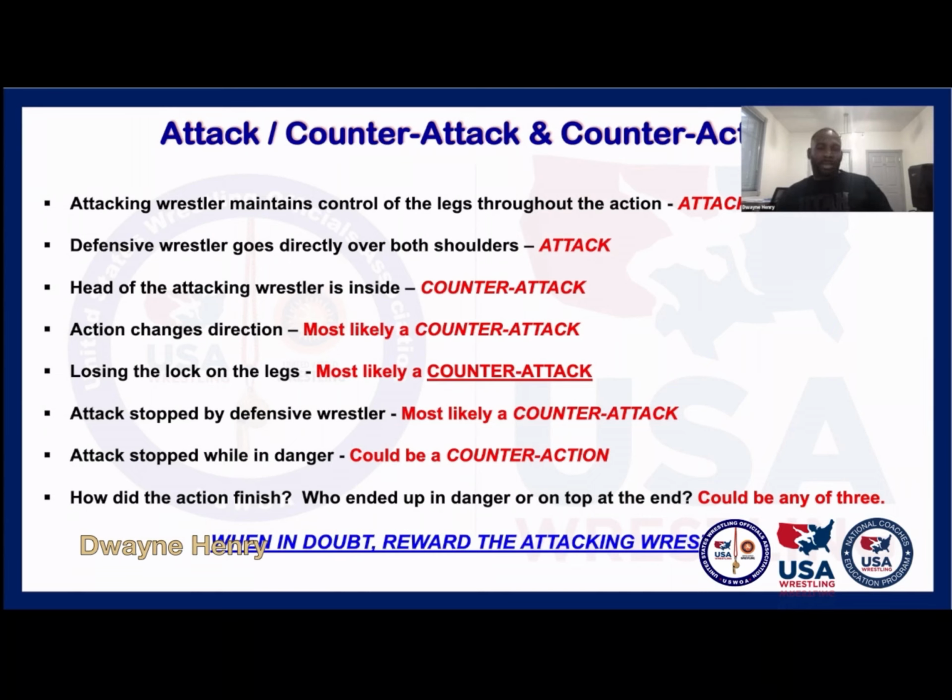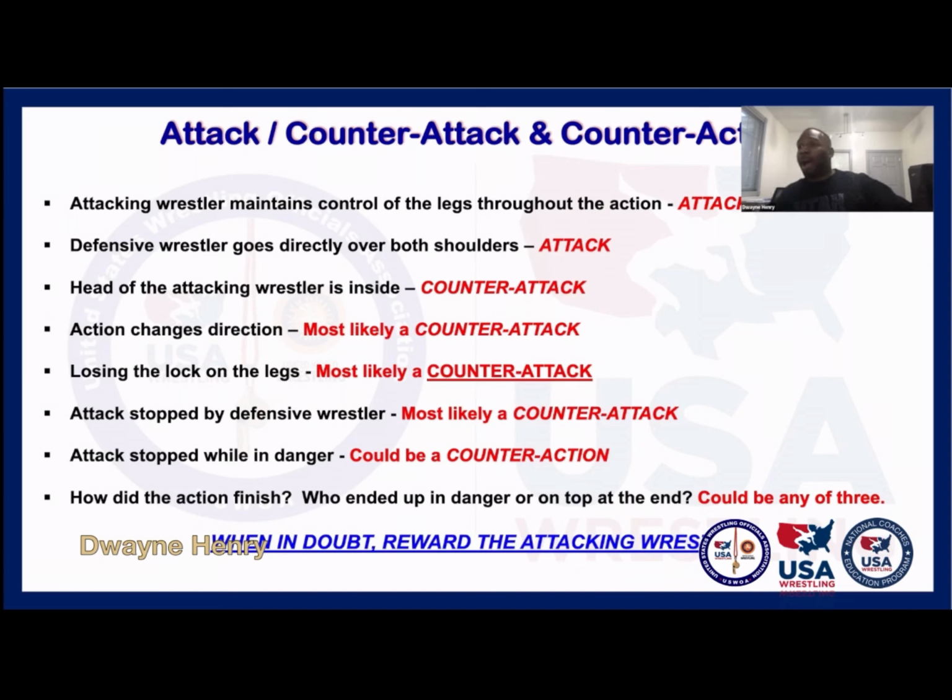You'll see some of the higher level guys hit maybe a high crotch or a double and go back to a single leg or high crotch situation and attack the top side of the leg and the bottom side of the leg to neutralize some of the maneuvering you can do in defense to get up and get through their opponent. But when they let go of that hold in those counteraction situations, those cue you into letting you know whether it was a counterattack or if he lost control of that situation.